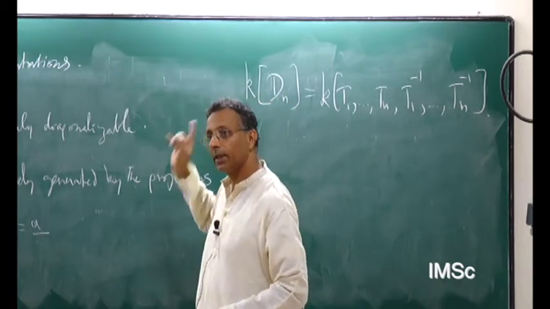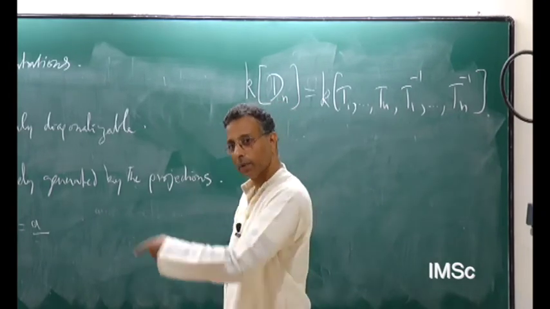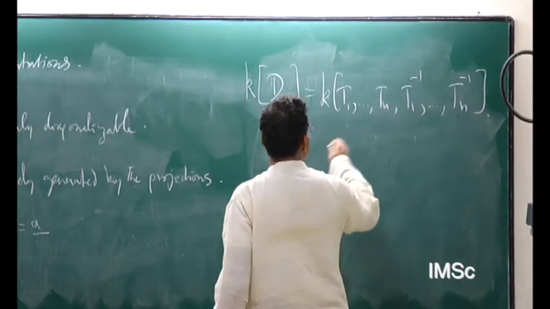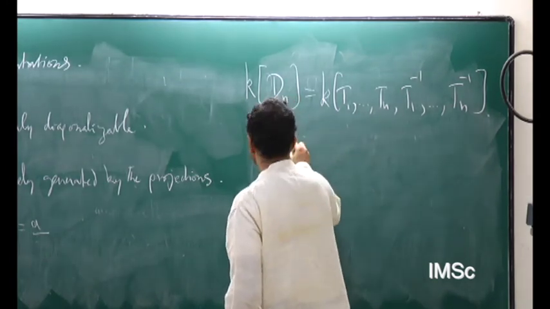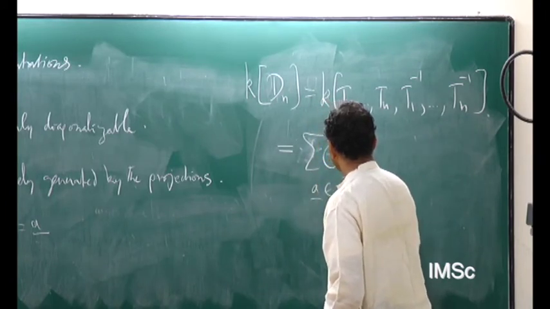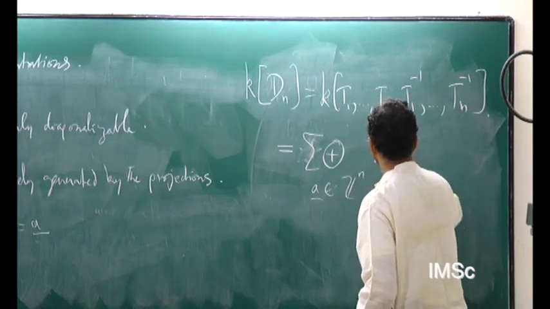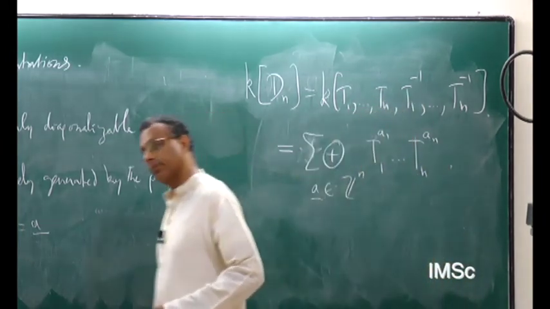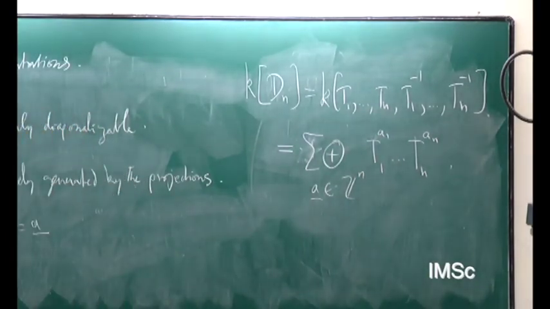I have used small t there and capital T here, so don't mind; they are the same. So this is equal to the direct sum over a in Zn of T1 to the a1 through Tn to the an. That's a basis, right? It's the Laurent polynomial ring. So what is the basis? Powers of T are a basis, right?